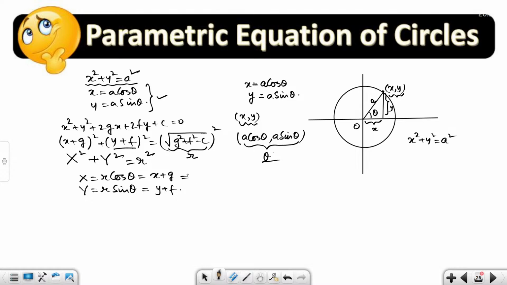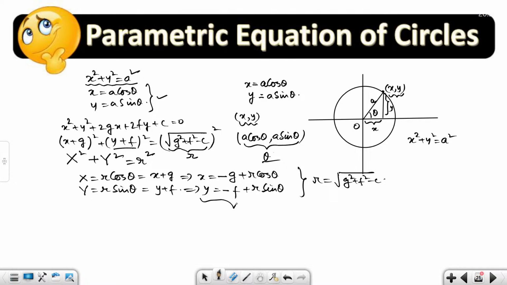So x is minus g plus r cos theta, and y is minus f plus r sin theta. And r is the radius of the given circle, which is root of g square plus f square minus c. So this is the parametric equation of that circle.